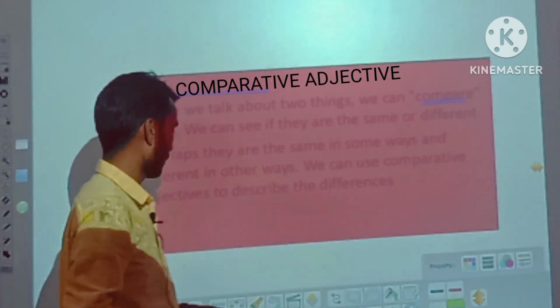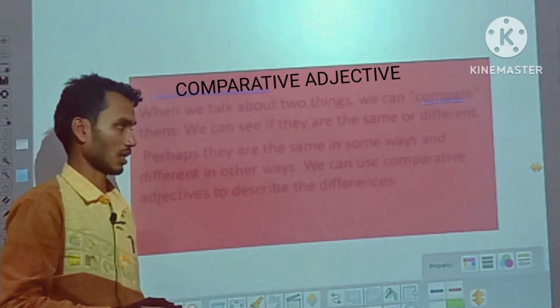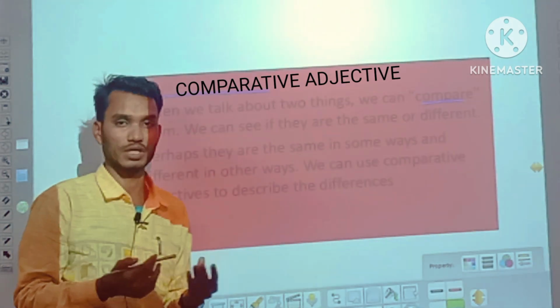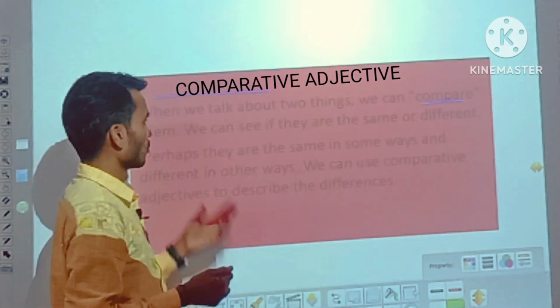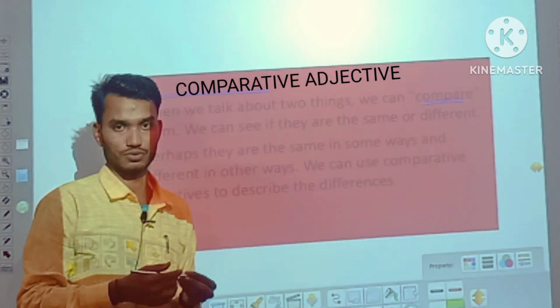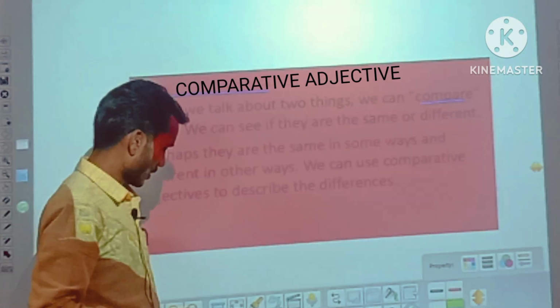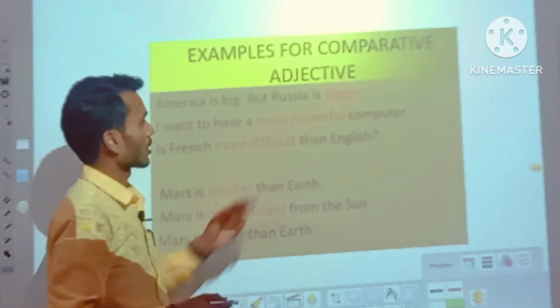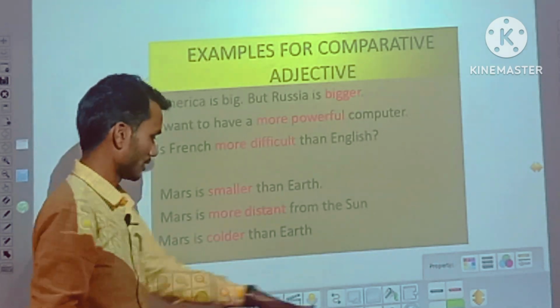We can use comparative adjectives to describe the difference. So when we talk about two things or two people, we should use comparative adjectives. Here we have some examples.